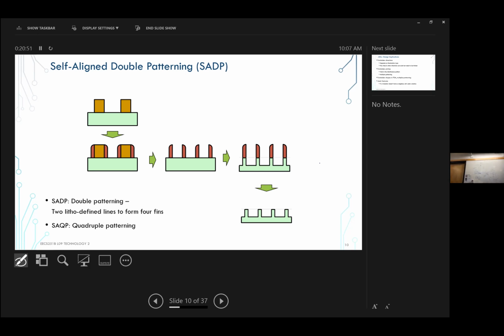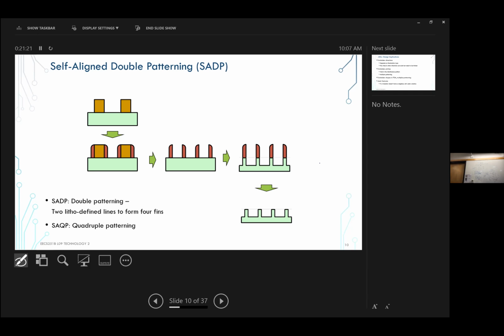Essentially, what they do first is go from two lithographically defined lines that are completely sacrificial to making four fins out of that. So they will define two lines over there.